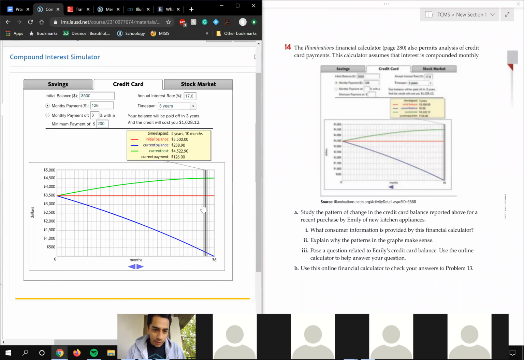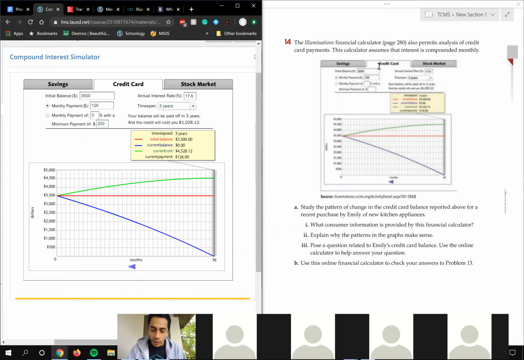And here's our situation, right? So if we wanted to find out how long it's going to take her to pay everything off, it looks like right exactly at 3 years she's going to be able to pay that off. Okay. All right, so that's basically what this picture shows, right? I'm showing it with a little bit better clarity on the left side.